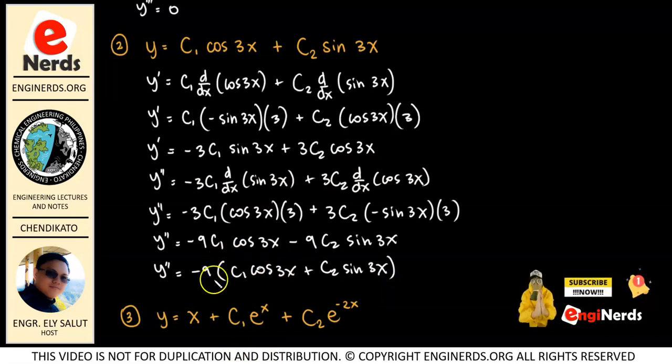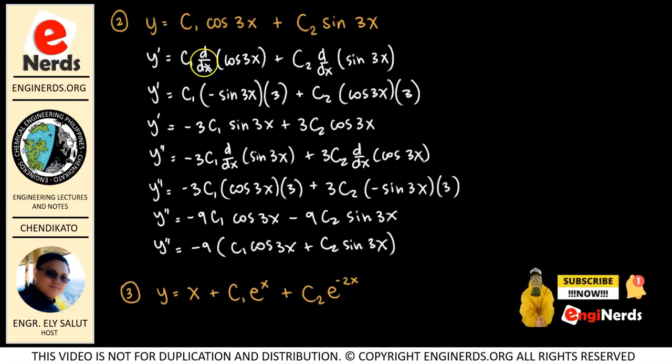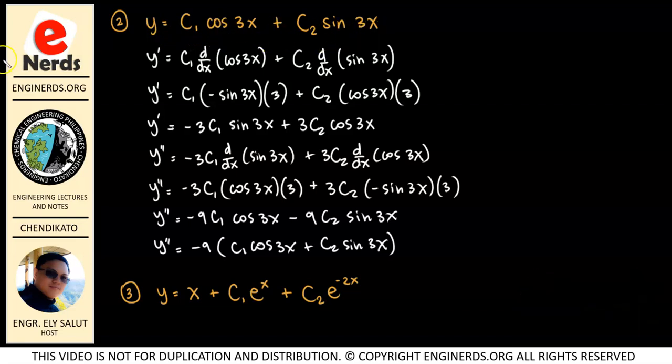Okay, so what can you observe dito sa ating nakuha ngayon na sagot, no? Well, if you're going to look back dito sa ating given, which is y is equal to c1 cosine 3x plus c2 sine 3x, you will see that this is actually equal dito sa nakuha natin na nasa loob ng grouping symbol natin na c1 cosine 3x plus c2 sine 3x.